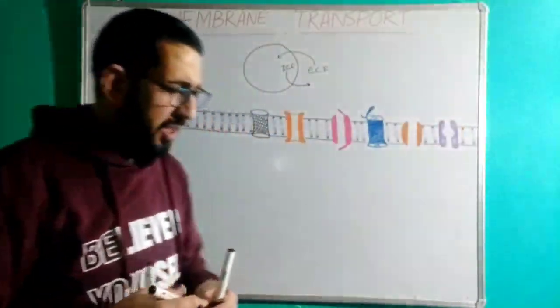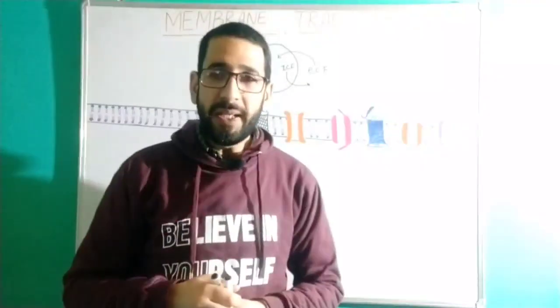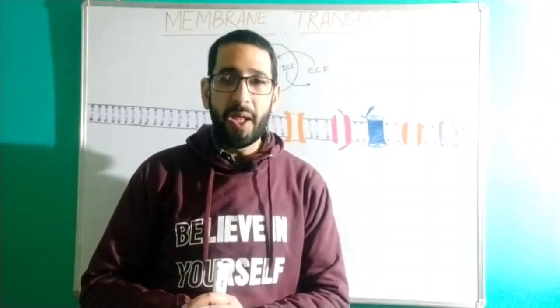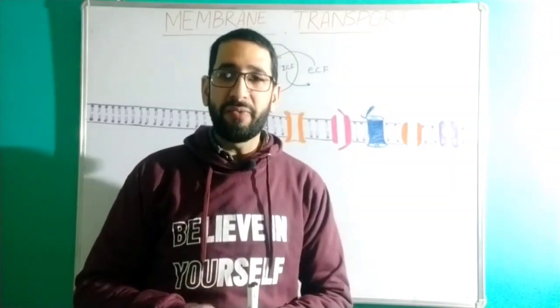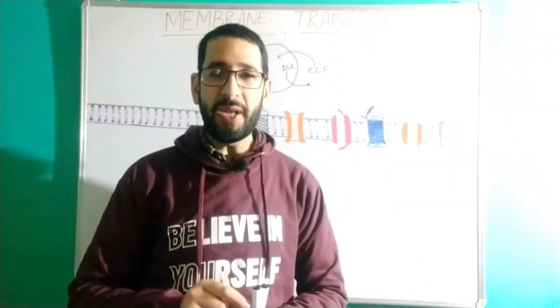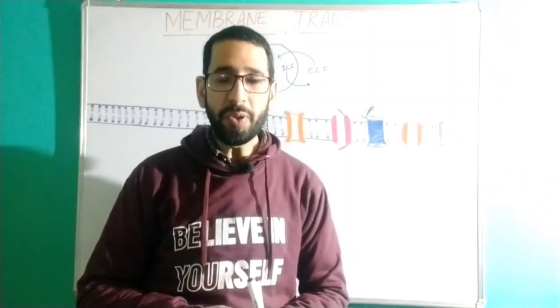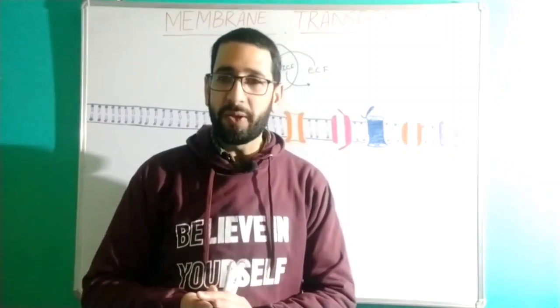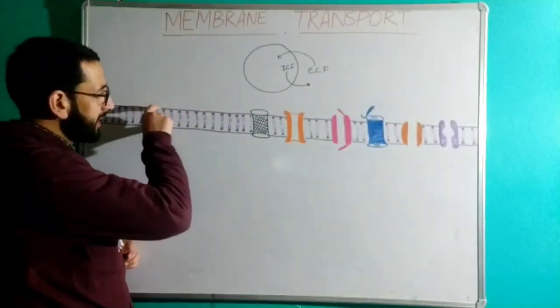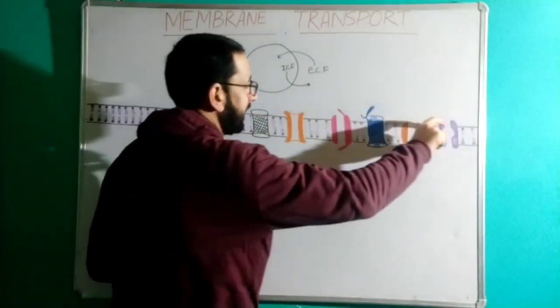Now, there are various mechanisms through which we can move these substances across the cell membrane. And today in this lecture, we are particularly talking about passive transport, the first type of membrane transport, or the first type of transport across the cell membrane. Now, let us suppose here is the zoomed view of the plasma membrane.